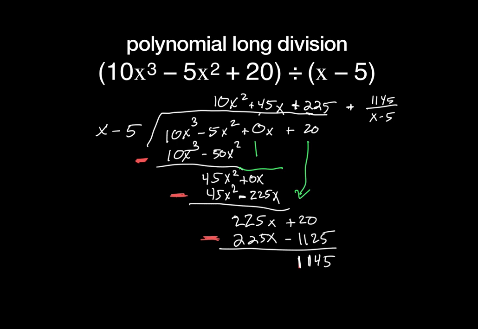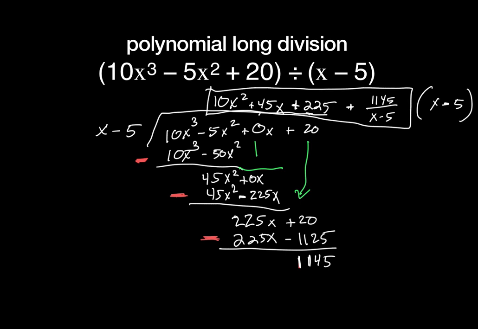So when this polynomial is divided by x minus 5, this is my resulting equation. Or if I took that and multiplied it by x minus 5, it would give me this original equation back.